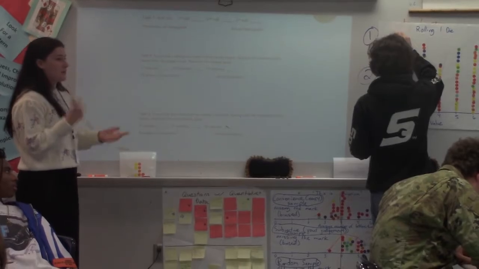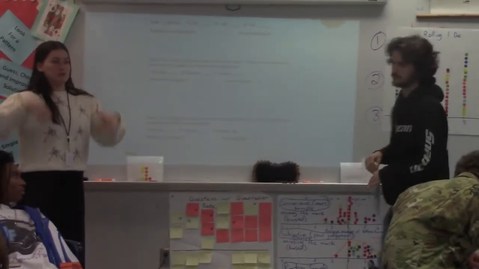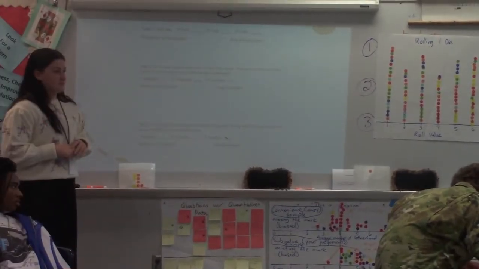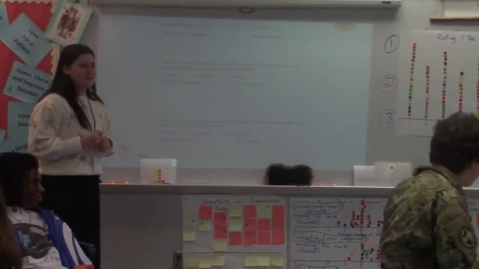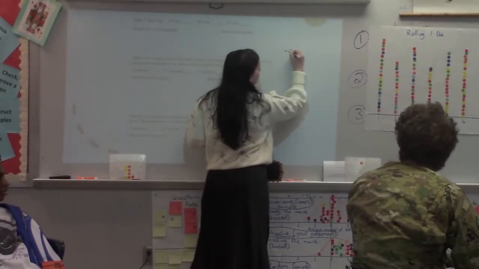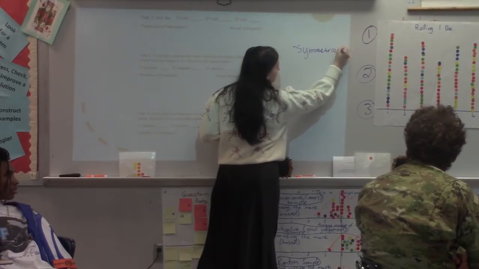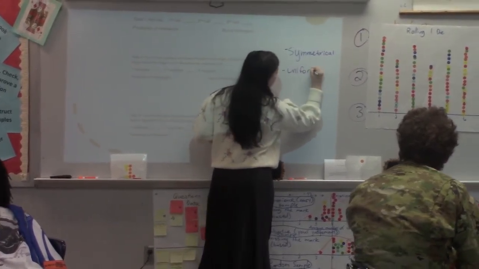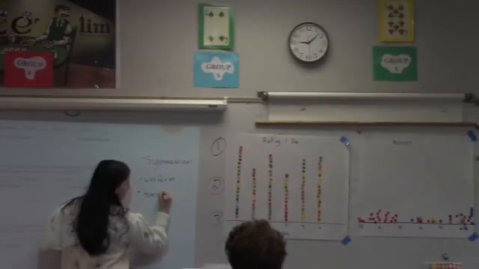If we go back to the start of class, what were those terms we used to describe graphs? One of them started with an S, I think. Symmetrical was a term. What else did we use? Uniform. Bimodal. What was the other one? Unimodal.